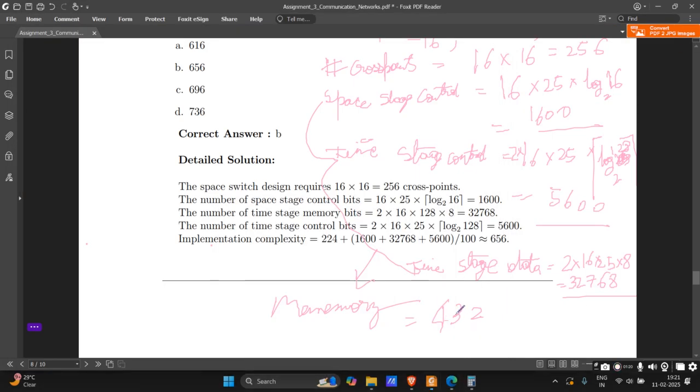So it will not be 43,200. It will be 39,968.